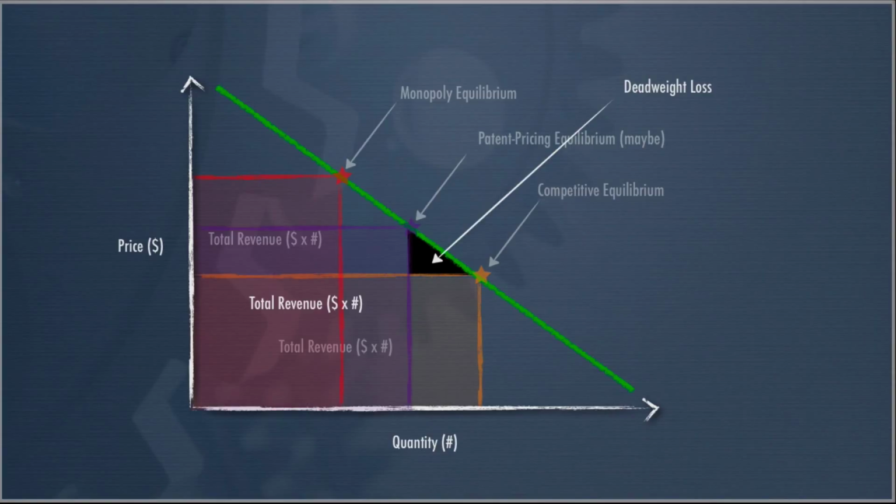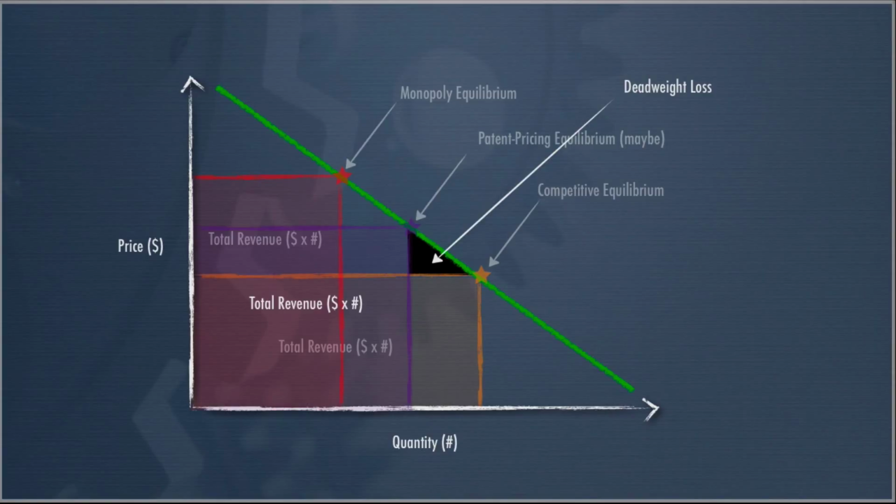If I have a patent, and that patent is for the cure of headaches or something similar, then this is going to be quite different, and I'll be able to price, let's say, $100 per unit. So you can see, instead of $1 per unit in a competitive market, I'm pricing at $100 per unit. What's going to happen?